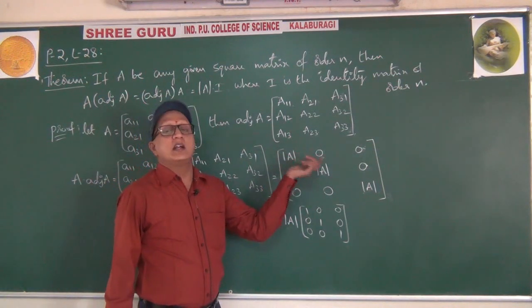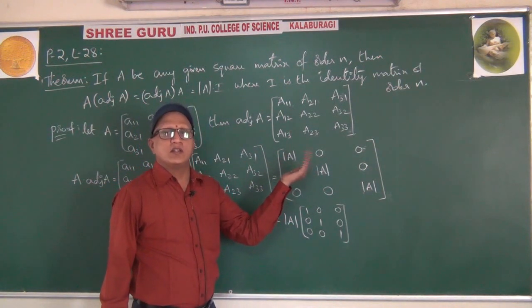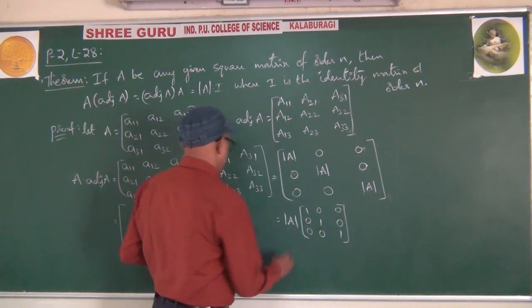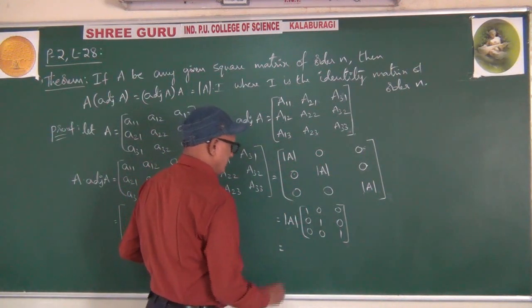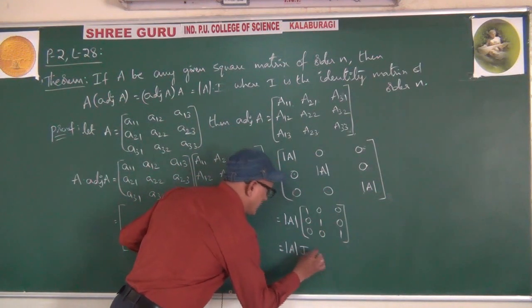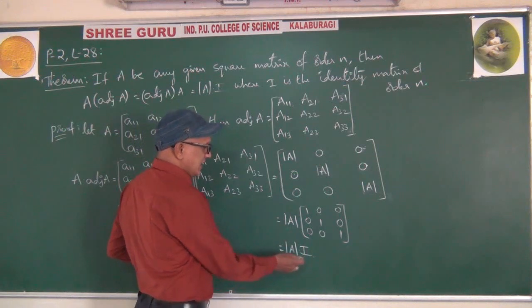So we can take determinant A common. Determinant A common equals determinant A into I. This is the identity matrix.